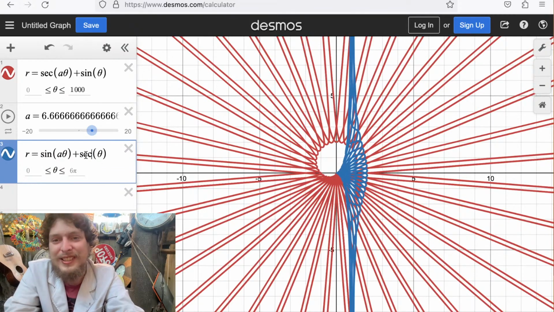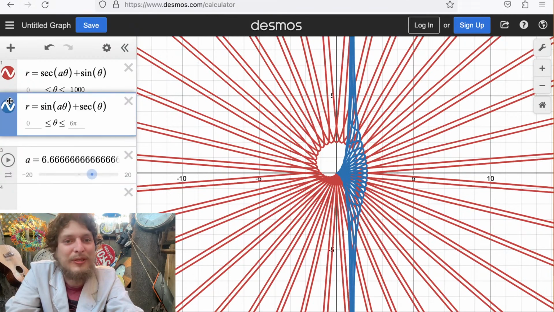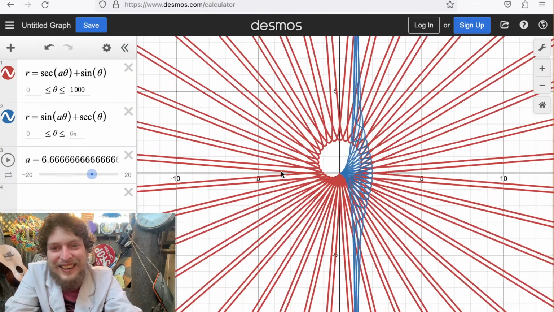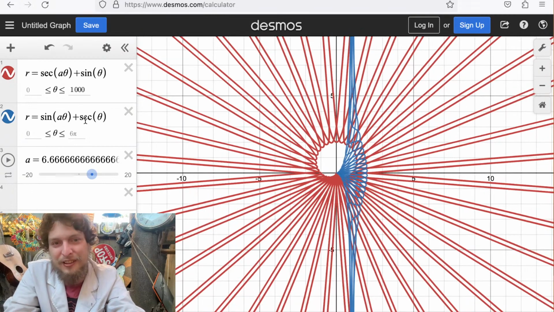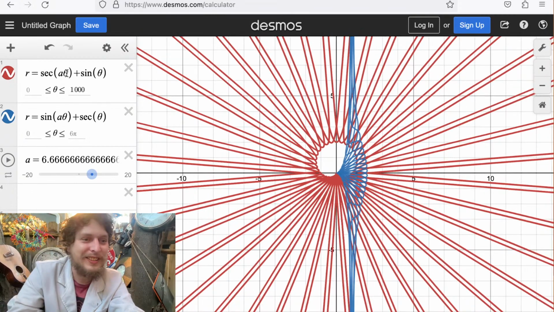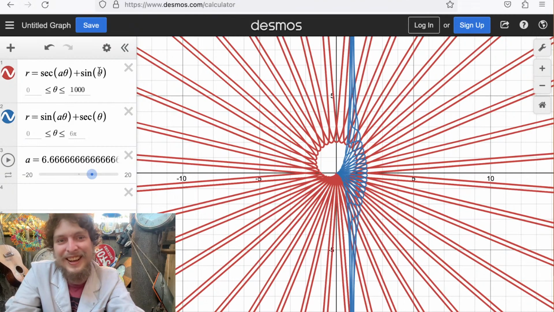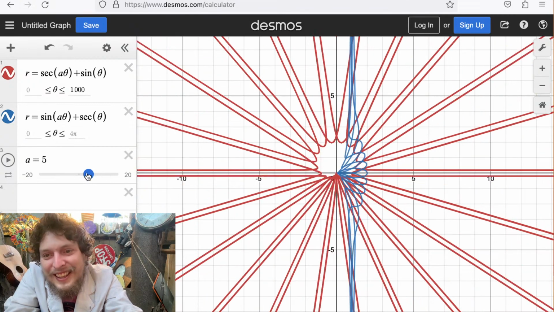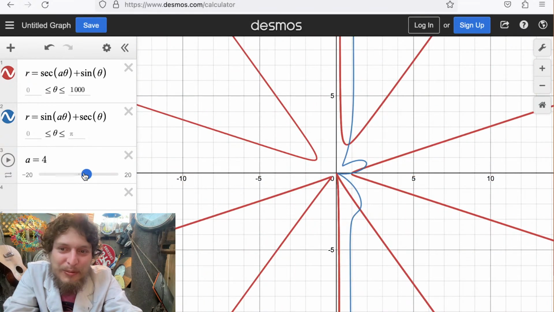We'll flip those here, and we're going to make that one blue instead of red. And now we're going to see what it looks like when we change both of these. The red is when the secant is getting the coefficient, and the blue is when the sine is getting the coefficient. So here we get the same thing where some are simpler and loop around.